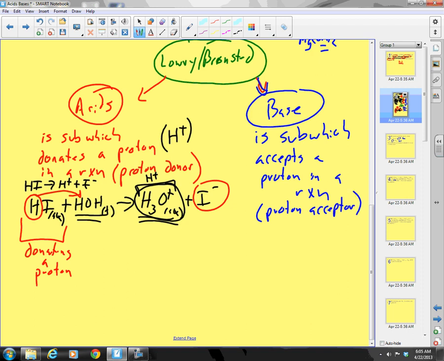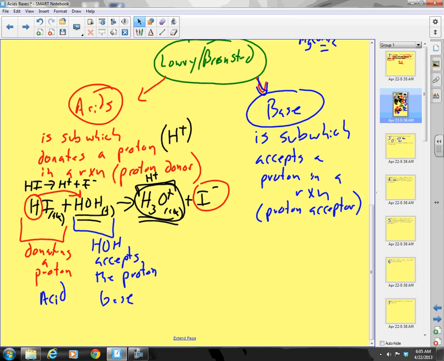So in our reaction here, who is accepting the H? Or not who, what? My water is accepting the proton. So that means in this reaction, my water is the base, and my HI is the acid.